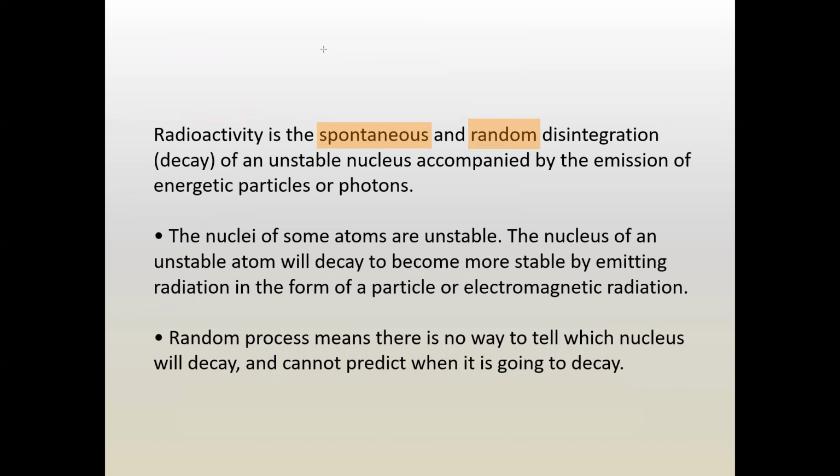Spontaneous means we cannot trigger this, we cannot change it. The amount of radiation which the material is emitting cannot be changed. For example, say there is a radioactive material emitting radiation such as alpha, beta, and gamma. So this process is spontaneous.